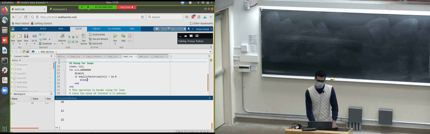So this is a clever way to stop the loop, especially if you don't know what the final value is. If I implement this, I need to run 10 to the power 7 operations, so I don't want to do that.